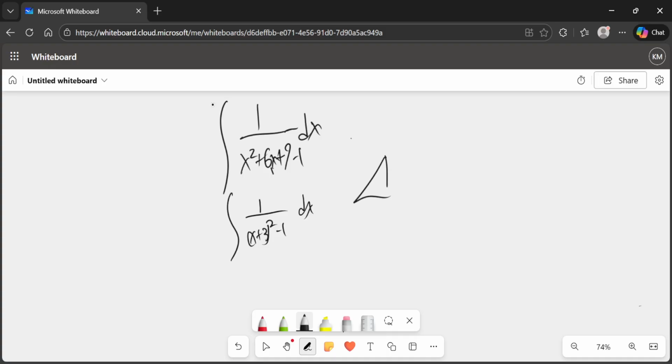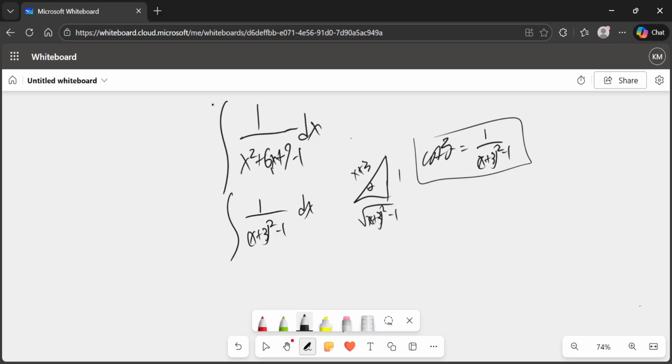and then that becomes a triangle problem. Theta, let's make this x plus 3. Let's make this 1. This is square root of x plus 3 squared minus 1. Okay, so cotangent squared theta is equal to 1 over x plus 3 squared minus 1. So that's one component. I'll box that.